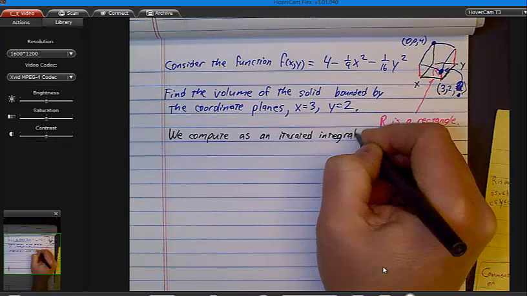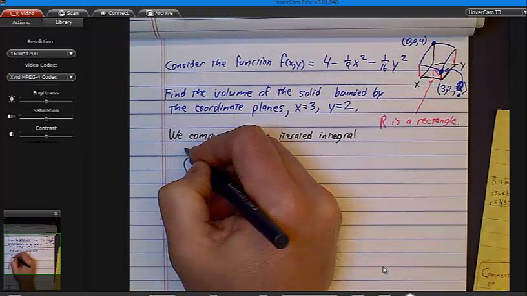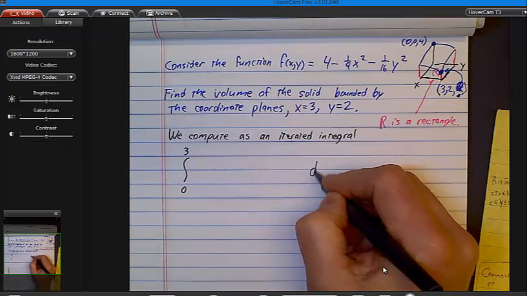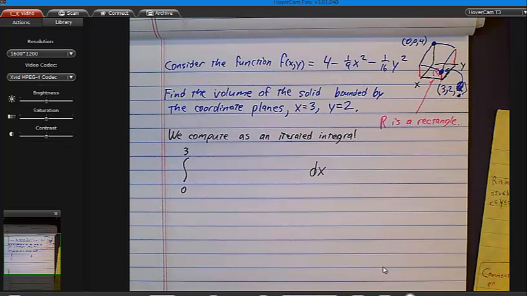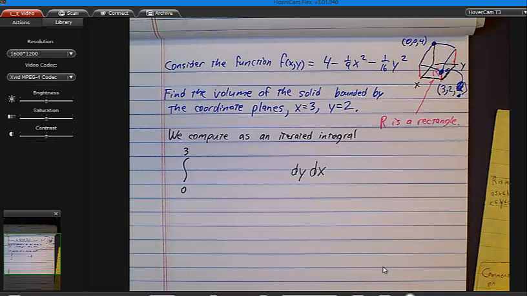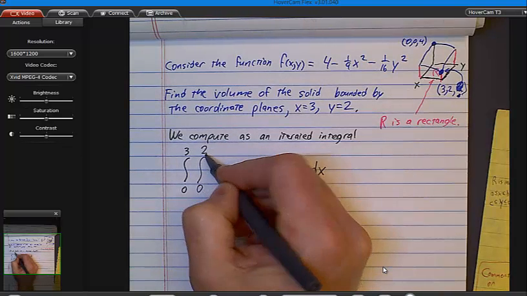Here's the idea. I just wrote down I'm going from 0 to 3, and I put a dx over here. I'm also computing the integral dy from 0 to 2.